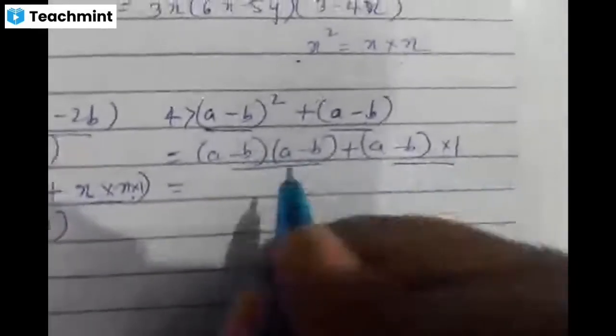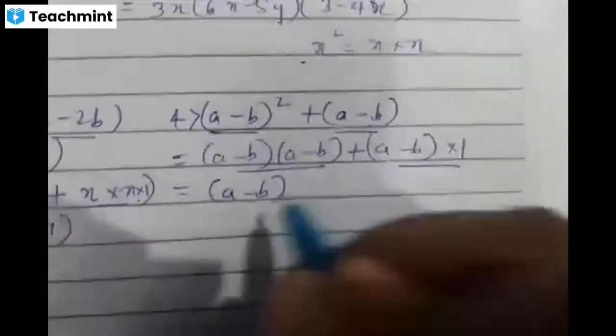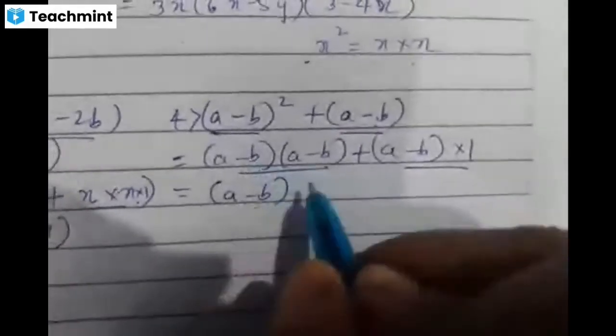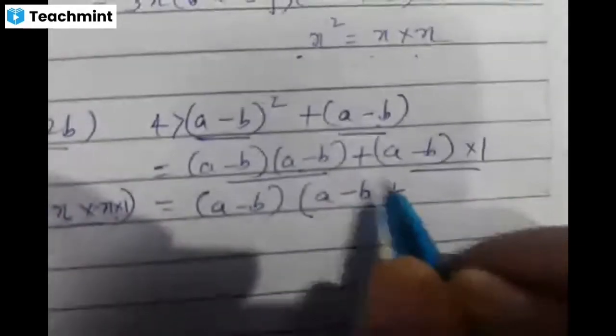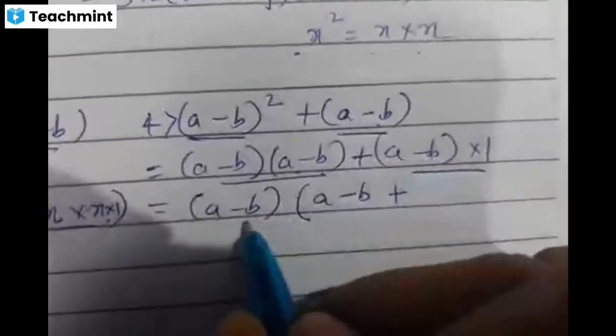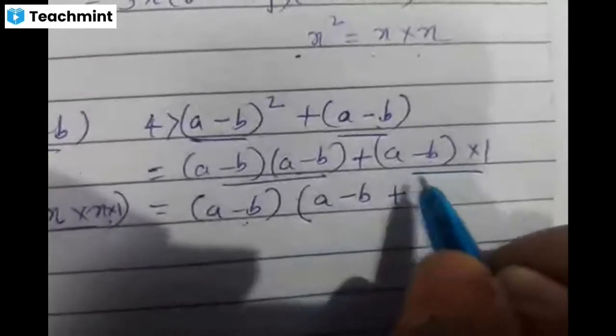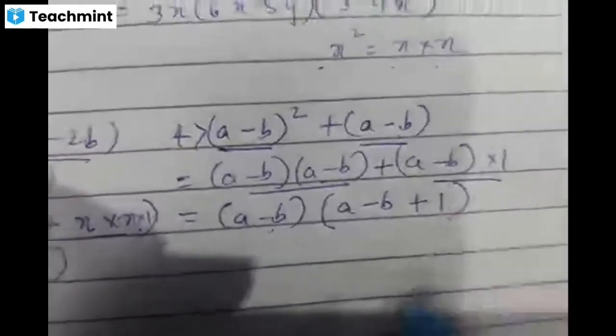A minus b. So a minus b, I'll take it. 1 a minus b is kept outside. So this a minus b will be written inside a minus b plus, because plus is here, a minus b already kept outside, into 1 means plus 1. In this way we are going to factorize.